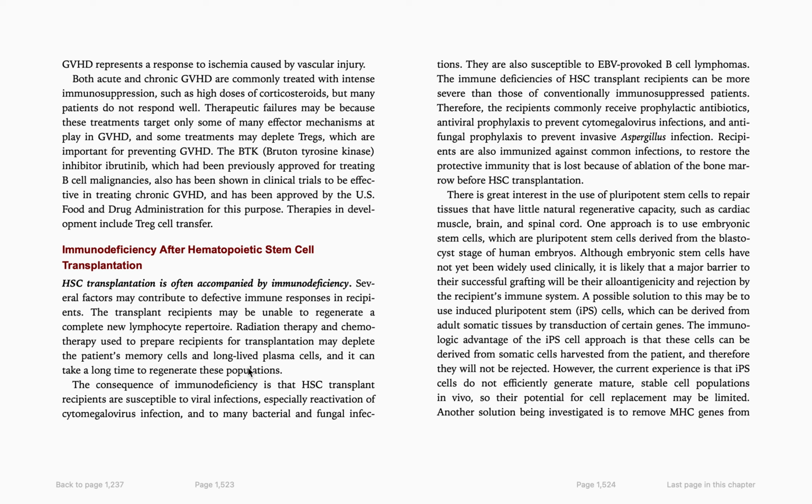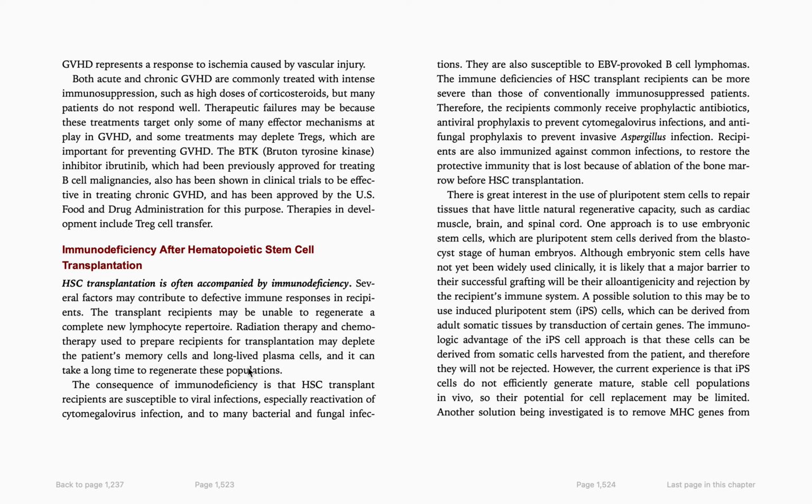The BTK, Bruton tyrosine kinase, inhibitor ibrutinib, which had been previously approved for treating B-cell malignancies, also has been shown in clinical trials to be effective in treating chronic GVHD and has been approved by the US Food and Drug Administration for this purpose. Therapies in development include Treg cell transfer.